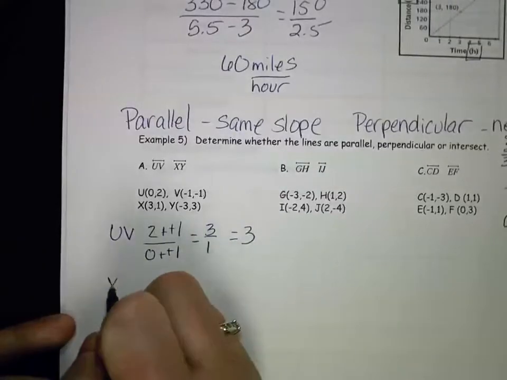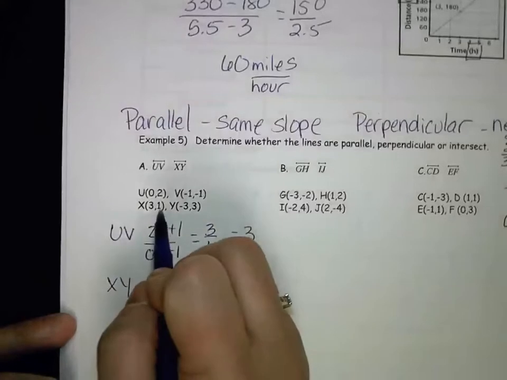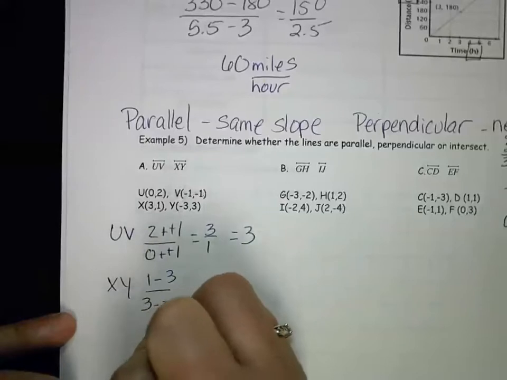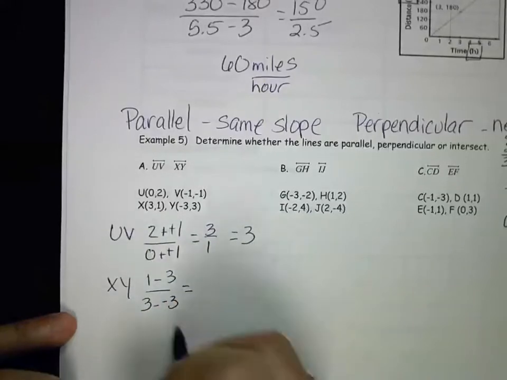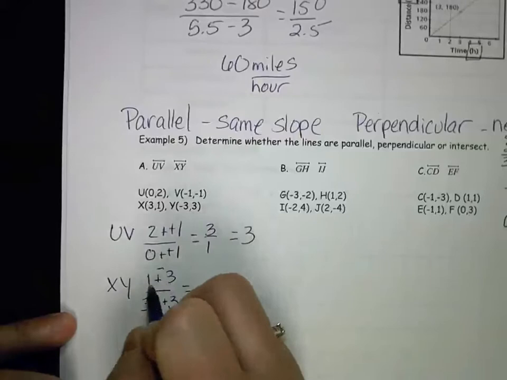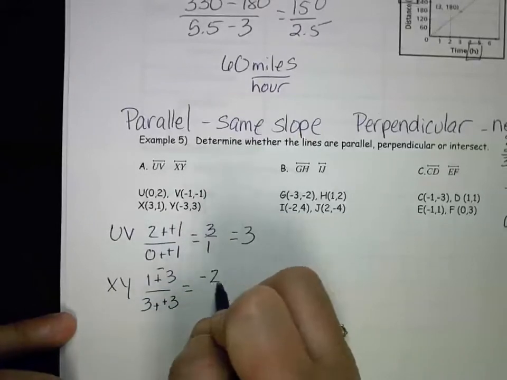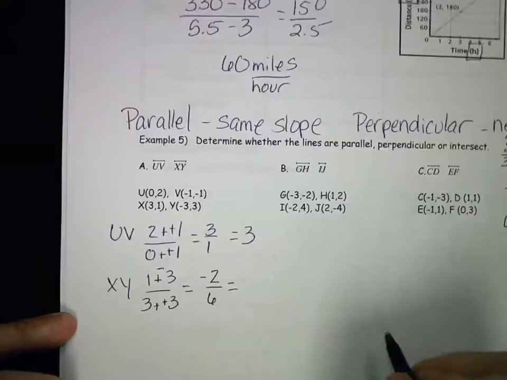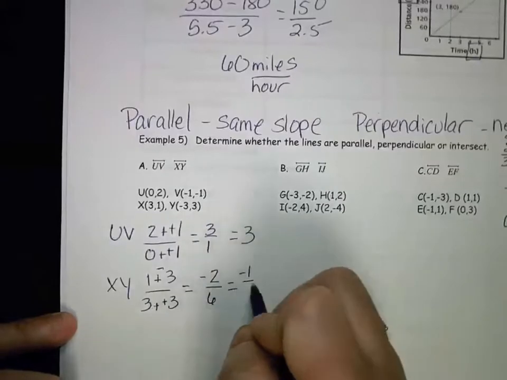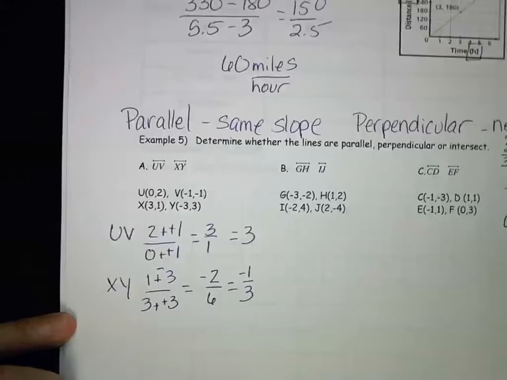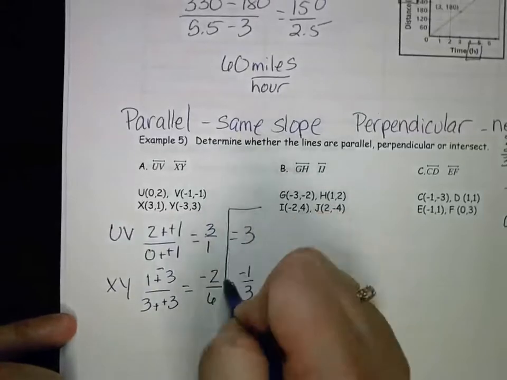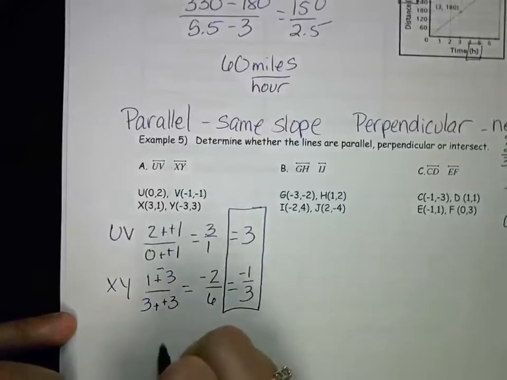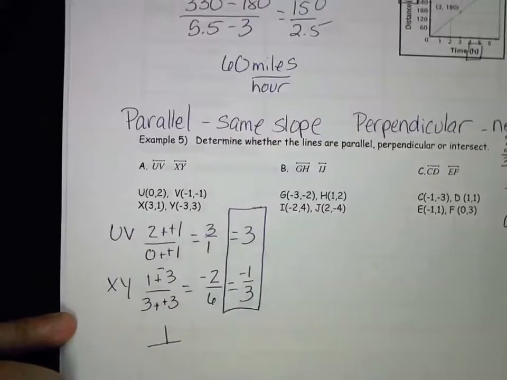The second line, XY, I am going to do y minus y over x minus x. 1 plus a -3 is a -2. 3 plus 3 is 6. And that reduces to a -1/3. Those slopes are opposite reciprocals, so the lines are perpendicular.